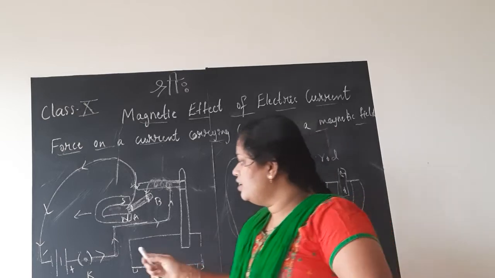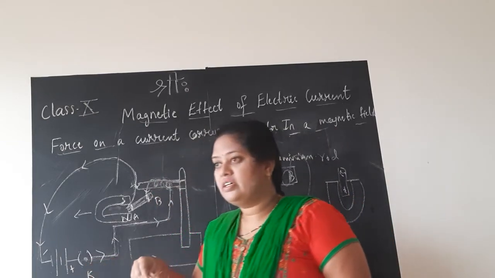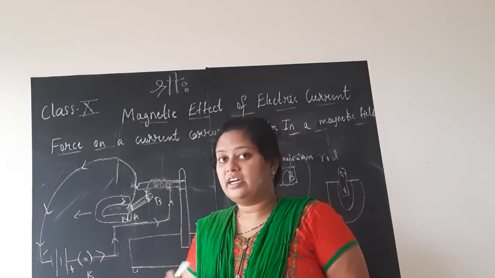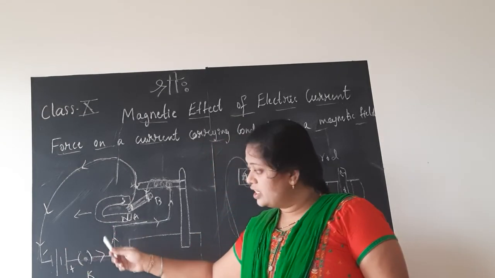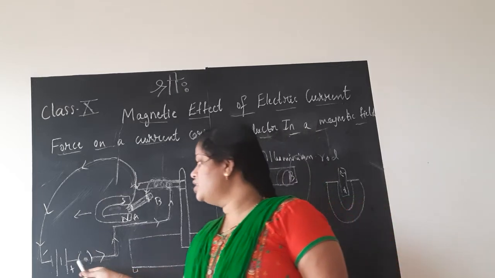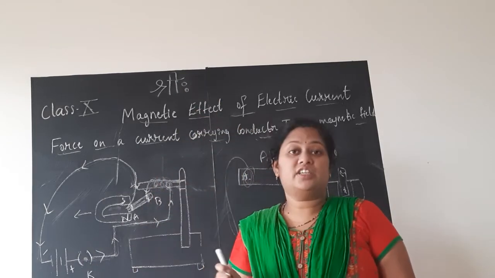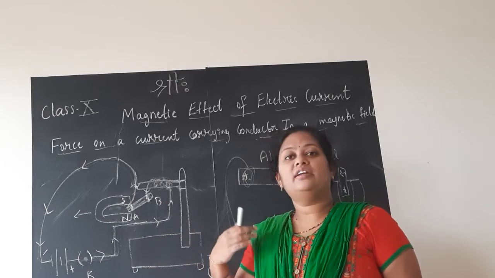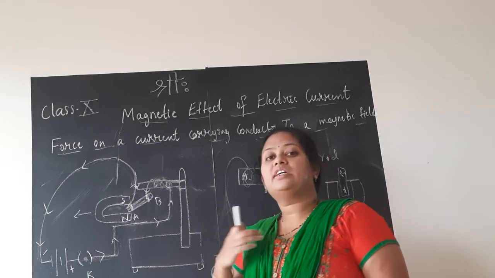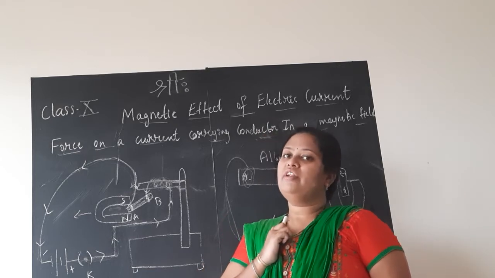And one more thing you need to keep in mind, why in the second case we are going to reverse the current. So now what we have done is, you have placed the circuit in such a way that current is flowing in the upward direction. You know current flowing in upward direction, downward direction, all that we studied in previous sessions, that is current through a straight current carrying conductor using Fleming's left hand rule.